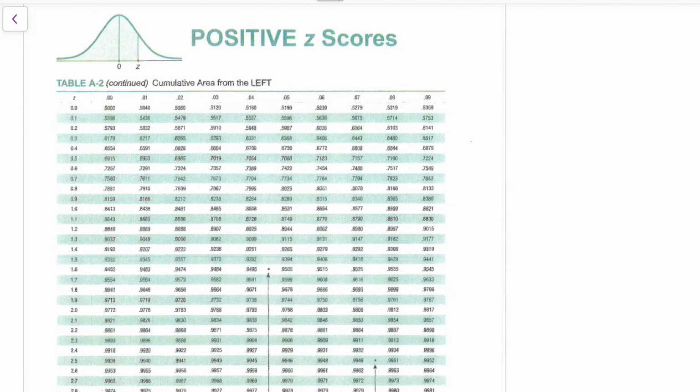Okay, we have our positive z-scores on our table A2, and I want the z-score of 1.21. So I look at the 1.2 row and the 0.01 column, and I'll look down and across, and I get my answer right here of 0.8869.